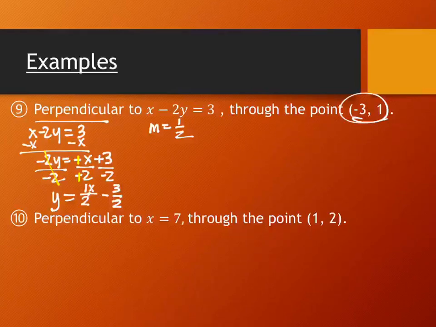So we're going to do y minus, my y value is 1, equals my slope, which is 1/2, times x minus the x value, which is negative 3. So minus a negative is positive, so this is x plus 3.